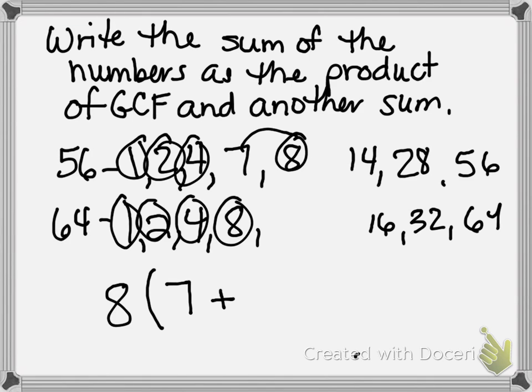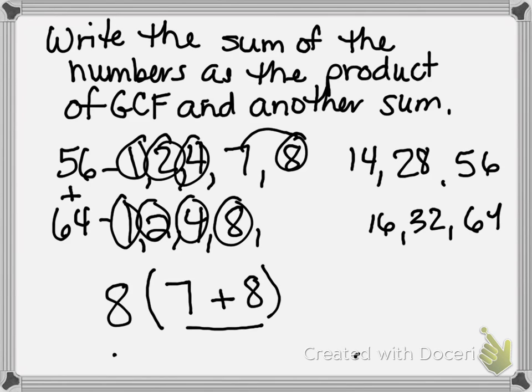And when I multiplied the 8 here, what was it? 8. I just wrote the sum of the numbers, and I was trying to add 56 plus 64, as the product of the greatest common factor, which is 8, and another sum.